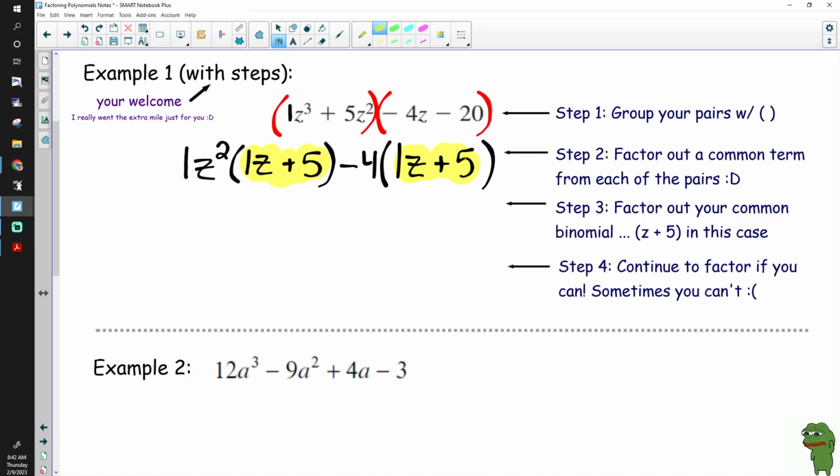Step 3 is a little bit of reordering. I have these two factors, which are the same factor, inside these parentheses, but I also have these numbers floating on the outside.